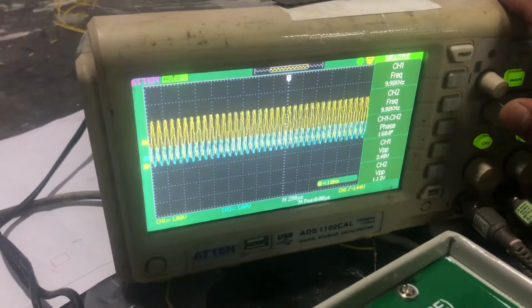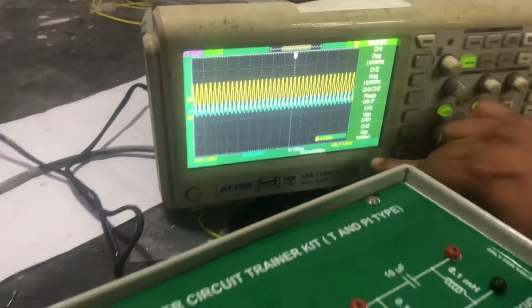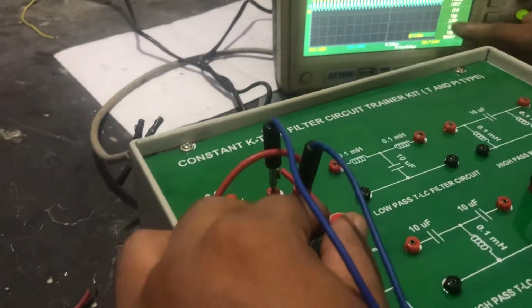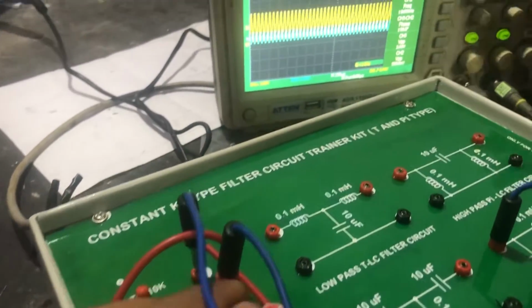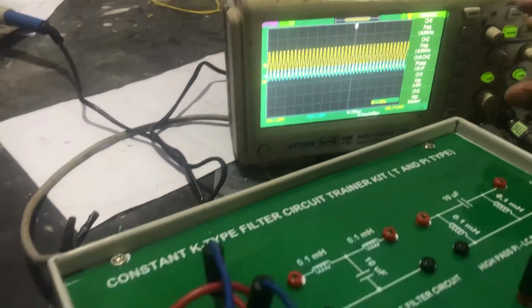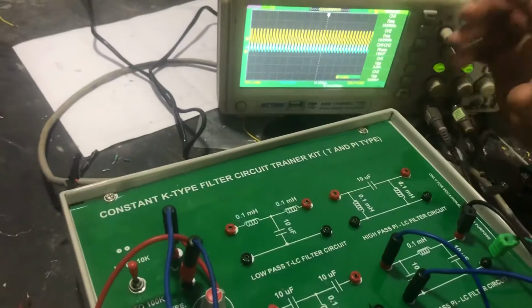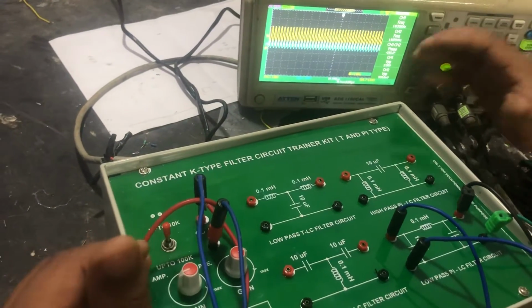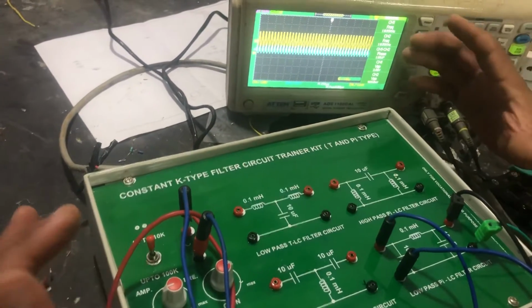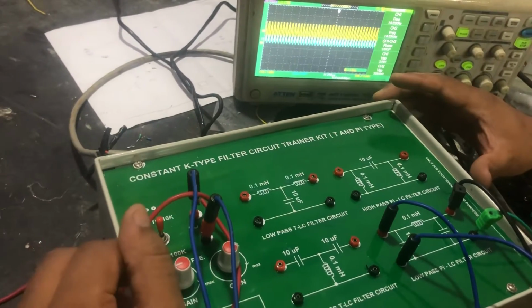When I increase to about 10 kilohertz, channel 2 is 920 millivolt and channel 1 is 2.336 volt. The output voltage is much lower than the input voltage, so this is the blocked band. This is a low pass filter.